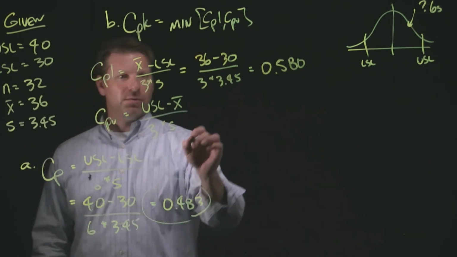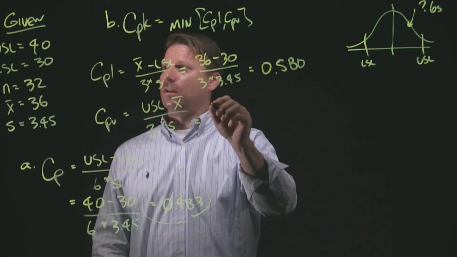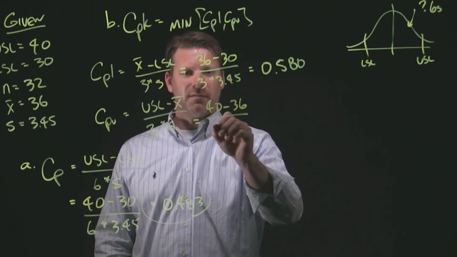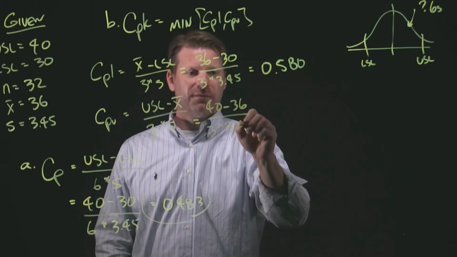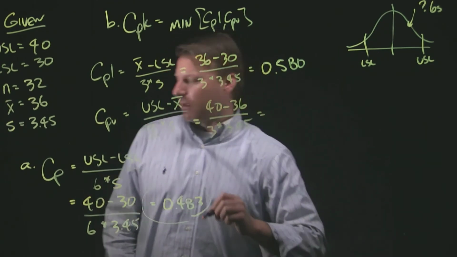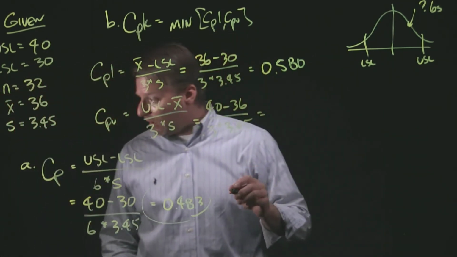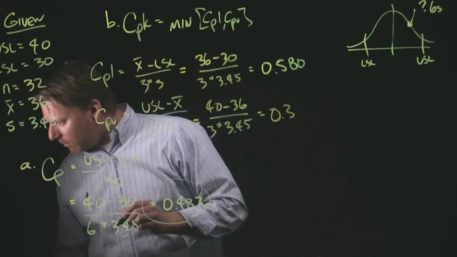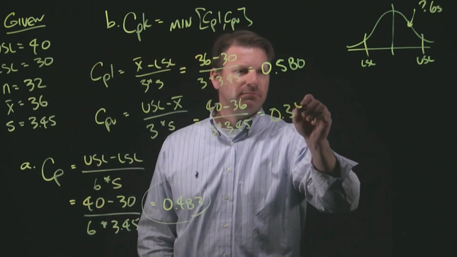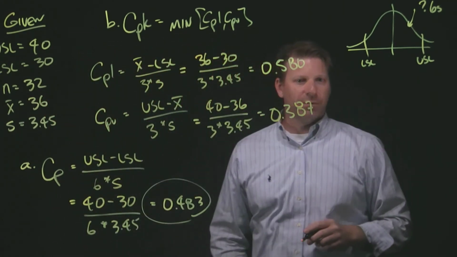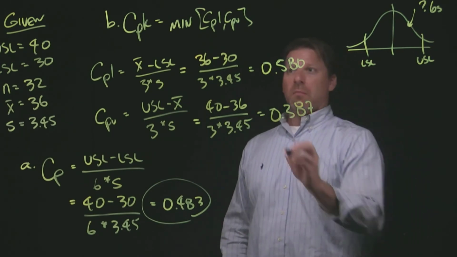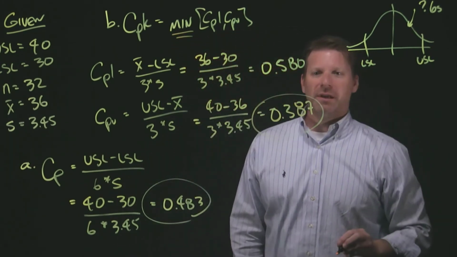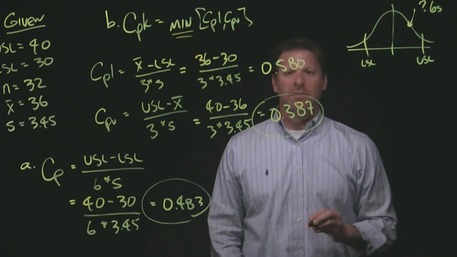And my CPU is my upper specification limit of 40 minus my 36, divided by 3 times 3.45. If I calculate that CPU value, it ends up being 0.387. Okay, 0.387. The minimum of these two values is this 0.387. All right, that's not good.